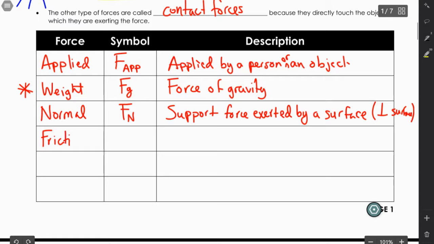Okay, the next force is friction, and this is a force that we will study a lot. It's a big force. It's exerted by a surface on an object that moves on the surface.